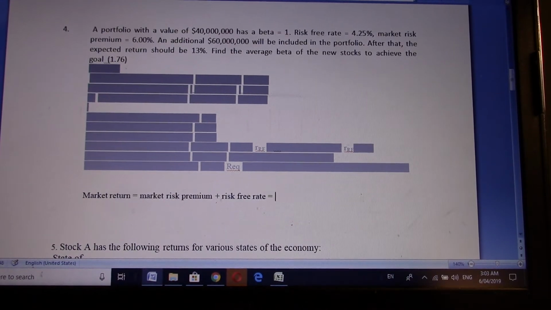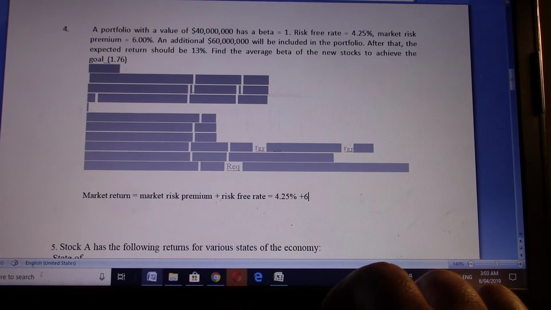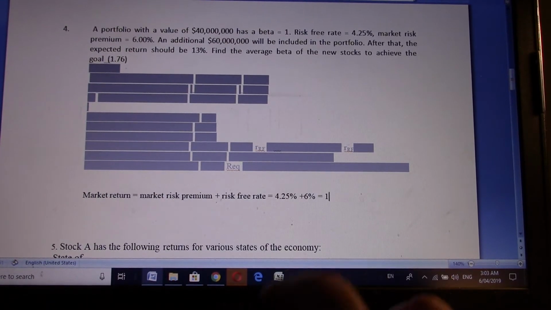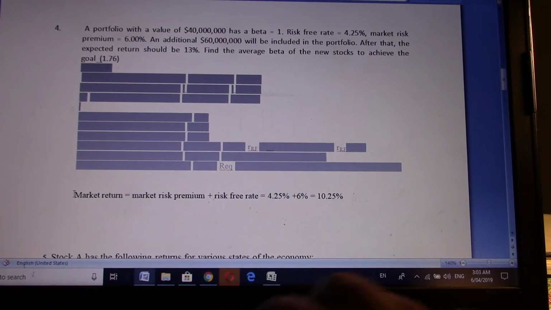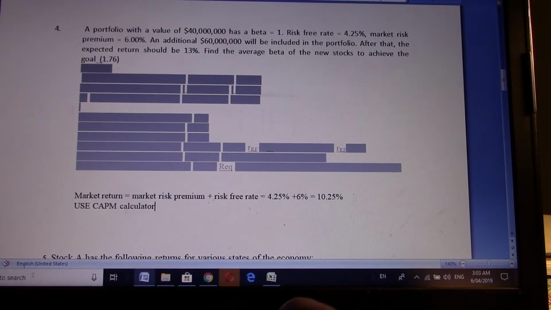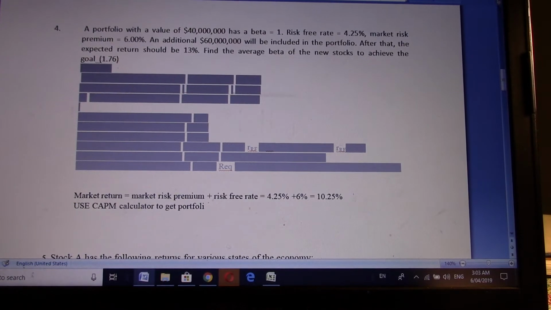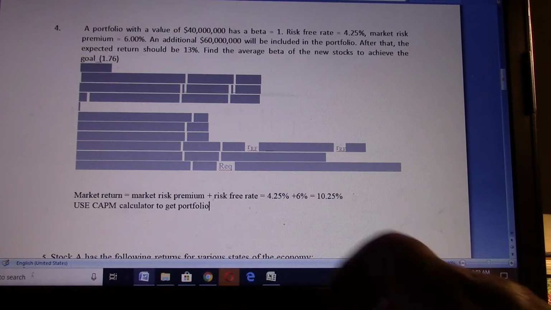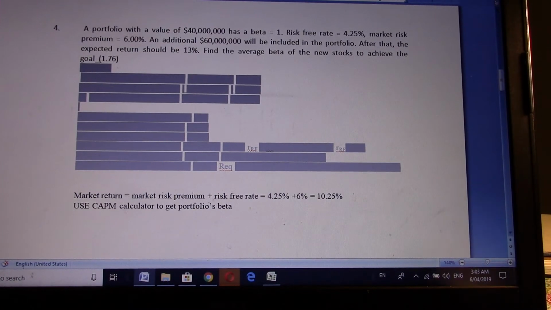So it should equal 4.25% plus 6%, which equals 10.25%. So you know the market return, and you use the CAPM calculator to get the portfolio beta. This is what you can do. Okay, let's give it a try.